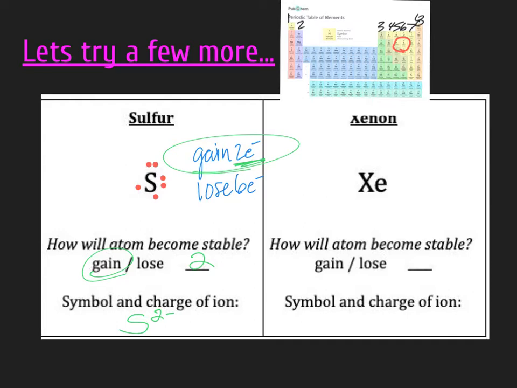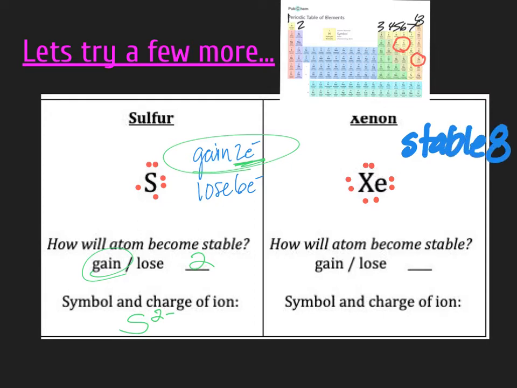Awesome. Over here we've got xenon. Looking at it on our periodic table, xenon is here in group 8. So starting at the top, 1, 2, 3, 4, doubling up, 5, 6, 7, 8. Now again, the goal is to get to stable 8.